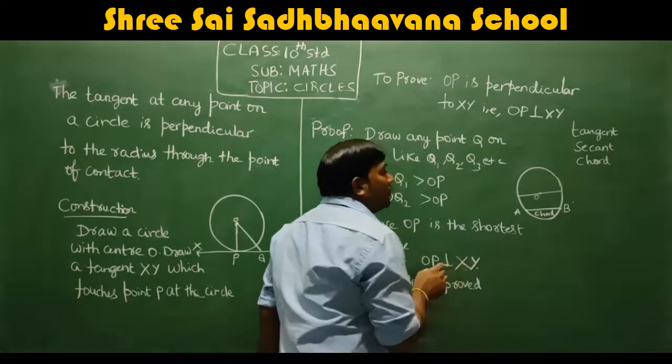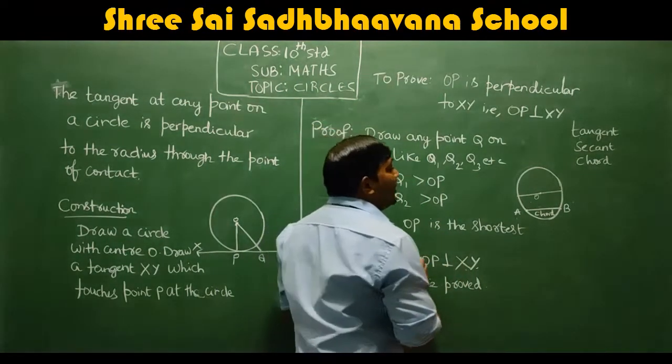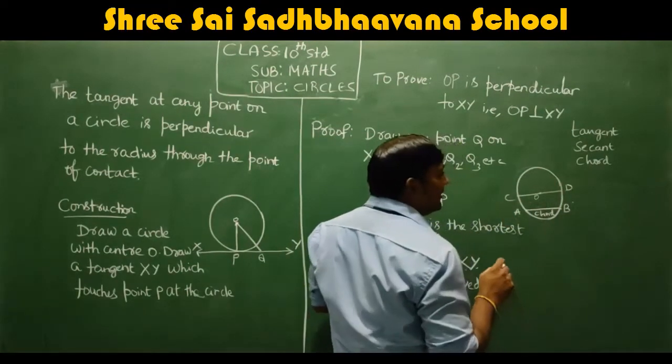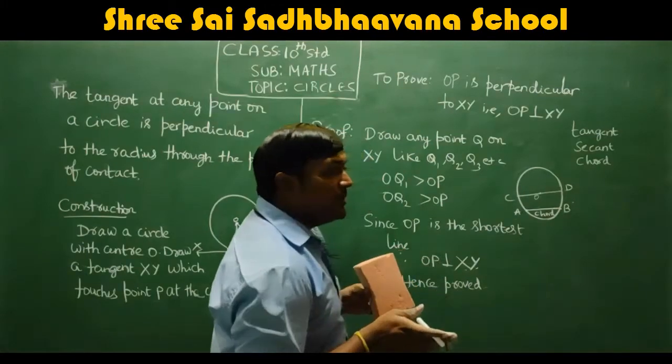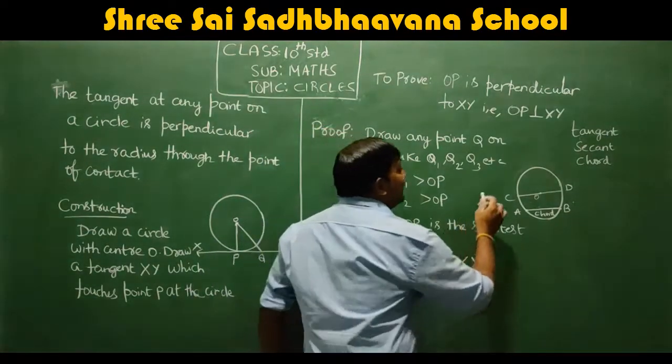Now, what is a secant? Say we name the chord CD. Then what is a secant? There is a confusion between secant and chord. Usually students confuse them. A secant is a line.